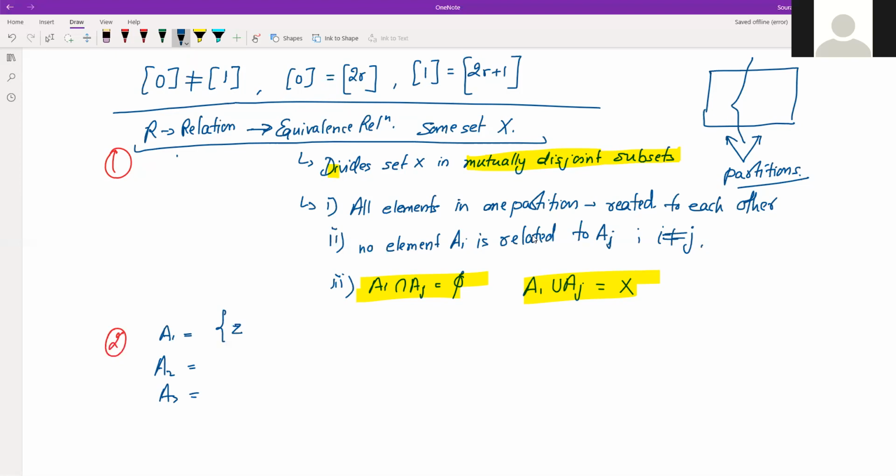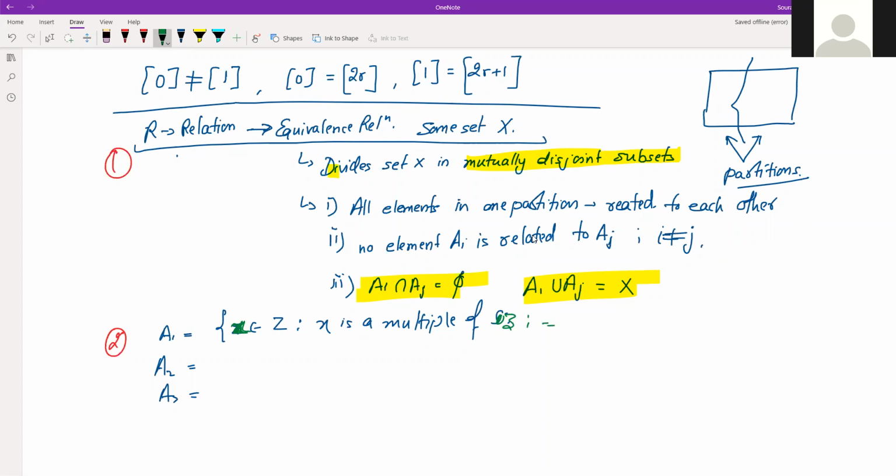All defined independently. So A1 is the set of x belonging to Z such that x is a multiple of 3.